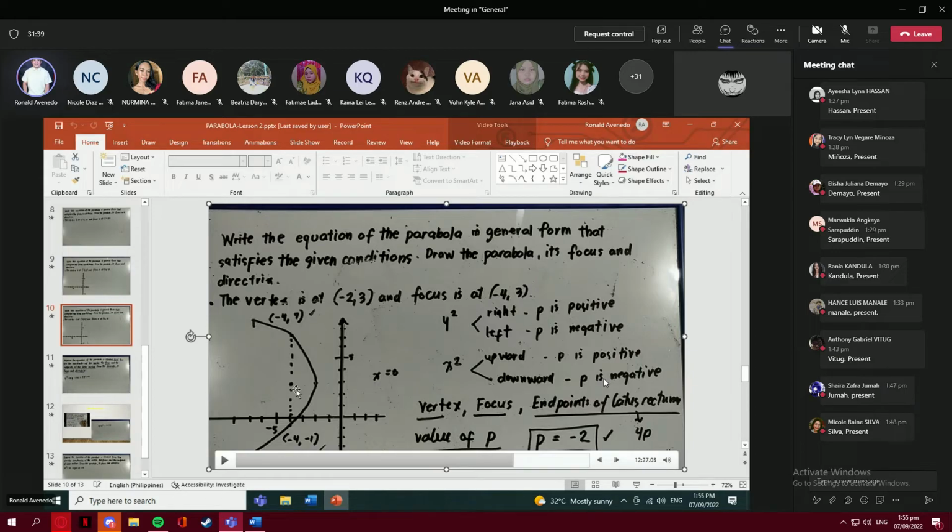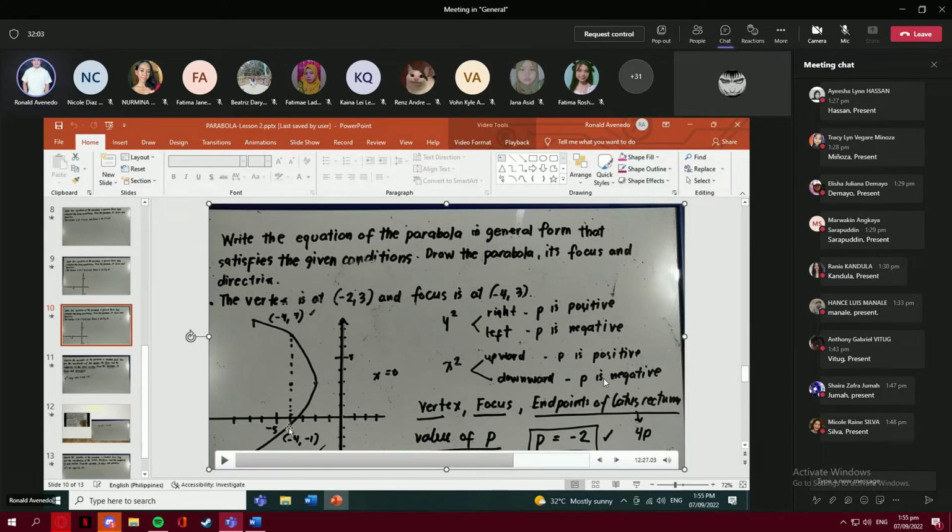So since dalawa ang endpoints ng ating latus rectum, so i-divide natin ito ng 2. So 8 divided by 2 will have 4. So from here, from our focus, count 4 paakyat. 1, 2, 3, 4. So ito yung isang endpoint. Then sa baba naman 4 din. So 1, 2, 3, 4.